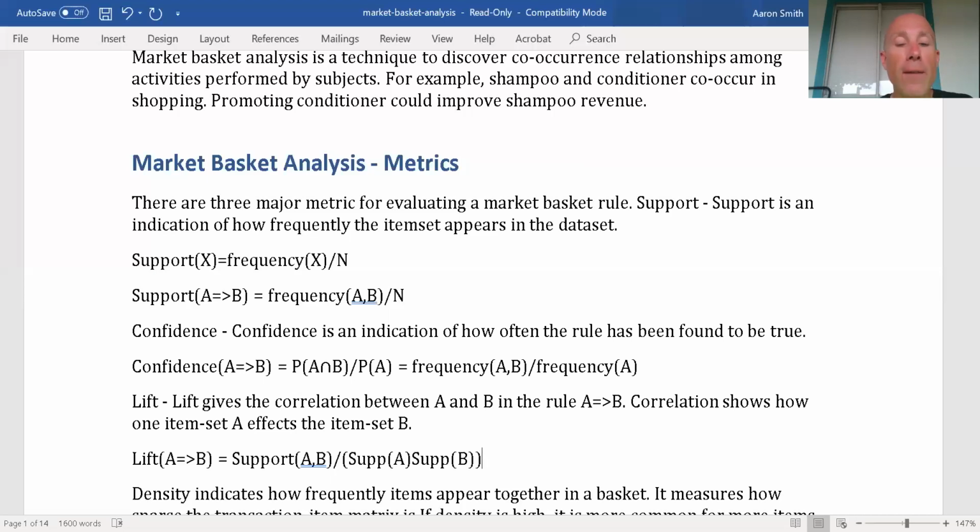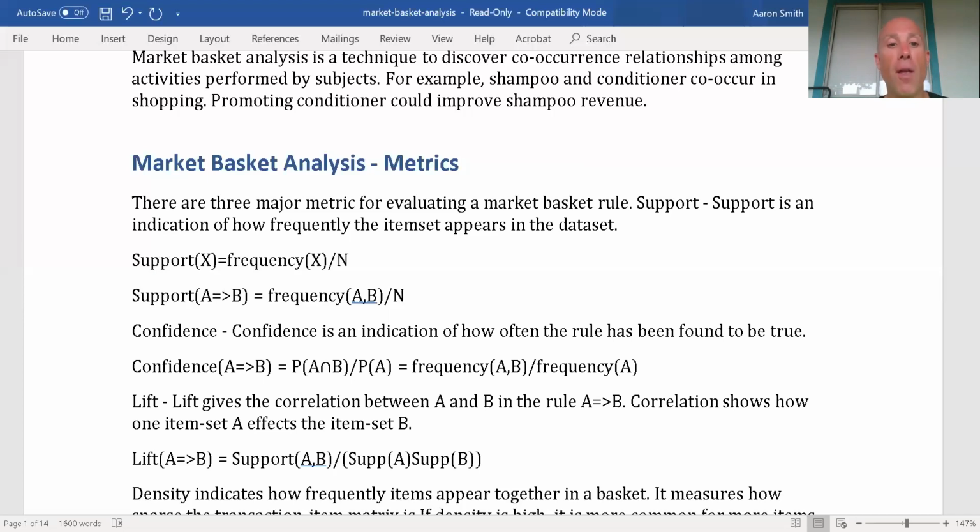All right, so remember, lift starts at 1. The bigger the lift is, the better. If we get a lift of 2, that's usually a pretty big deal. But anytime I'm dealing with lift, I always need to double check that I have a significant number of baskets involved.